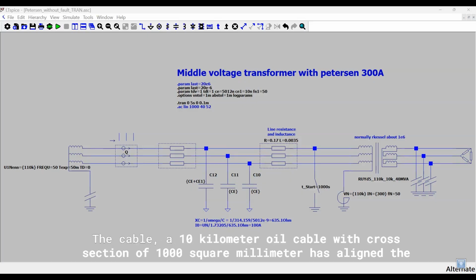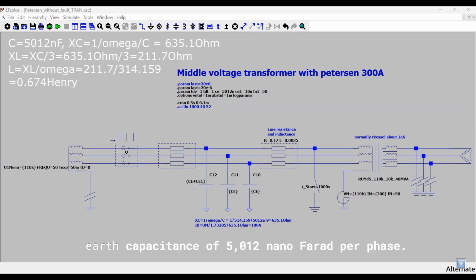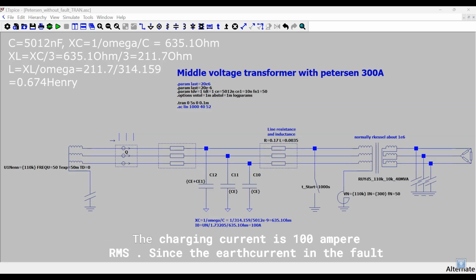The cable, a 10-kilometer oil cable with cross-section of 1,000 square millimeter, has a line to earth capacitance of 5,012 nanofarad per phase. This corresponds to impedance of 635.1 ohm. The charging current is 100 ampere RMS.